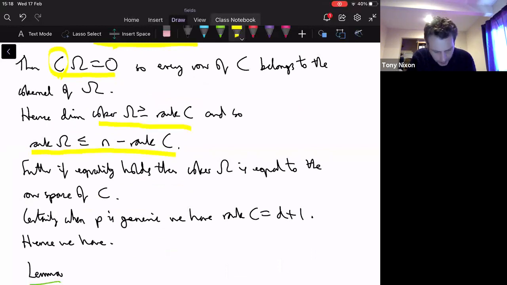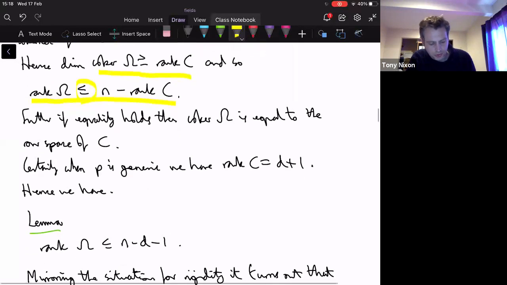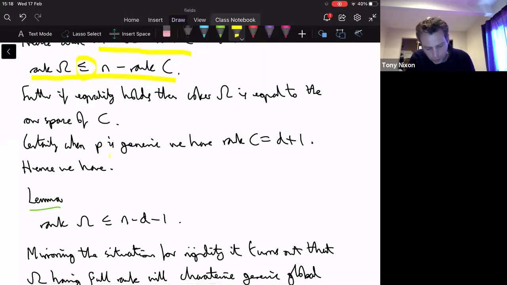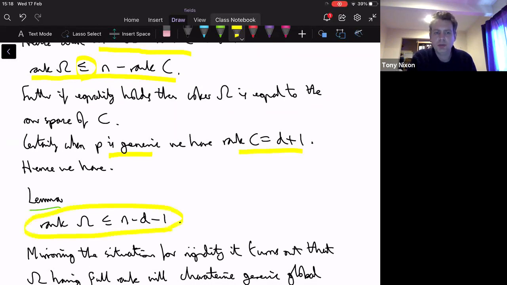But I think I say that here, so I should have skipped ahead. Yeah, so I've also said if equality holds, then not only does every row of C belong to the co-kernel, but the co-kernel is actually just the row space of C. So it's exactly those linear combinations of those rows. When P is generic, the rank is equal to d plus 1. So the rank of the stress matrix is always at most n minus d minus 1.